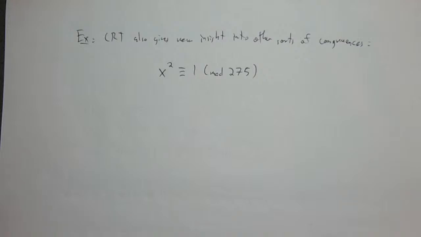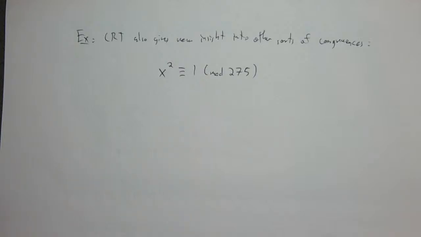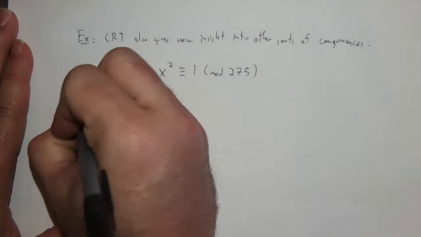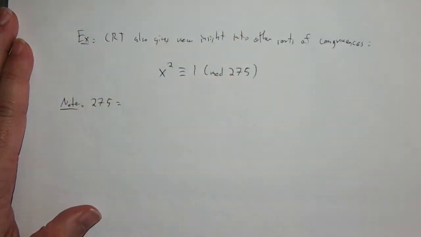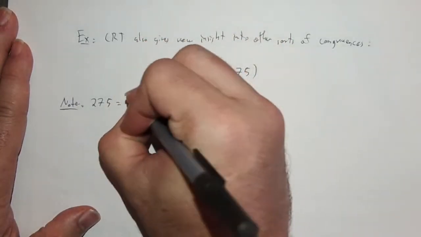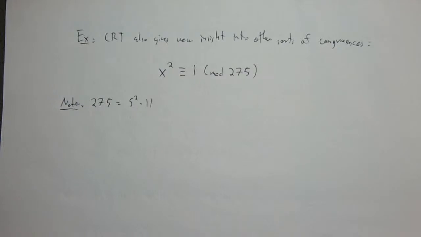Because remember, you're going to be splitting this up, so depending on the factorization in question, the moduli are going to be a lot smaller, and so the congruences you get as a result might be a lot nicer to handle. So note 275 is 5 squared times 11. That's its prime factorization.